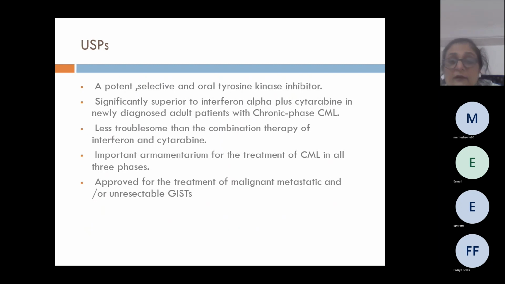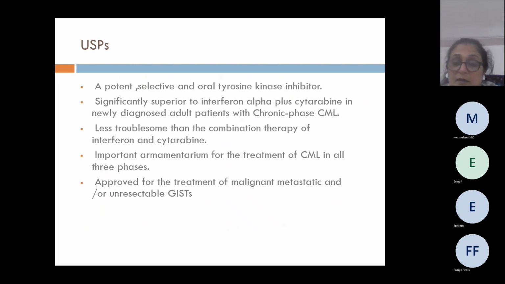Less troublesome than the combination therapy of interferon and cytarabine, because it is an oral preparation, so no hospitalization, no admission. Patients can comfortably take it at their home. It's an important armamentarium for the treatment of CML in all the three phases.